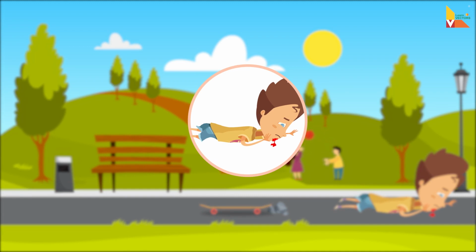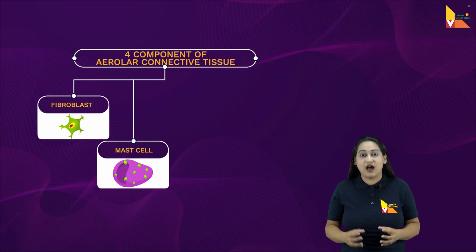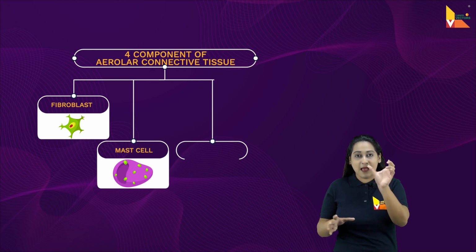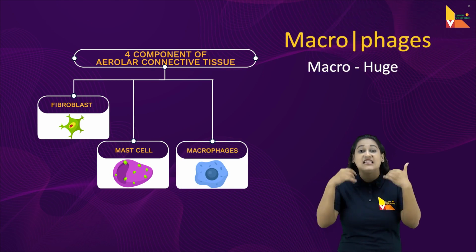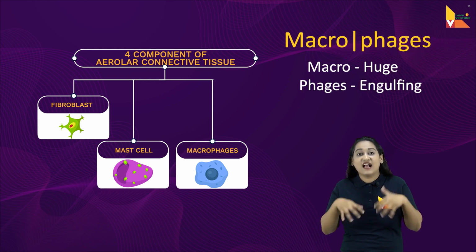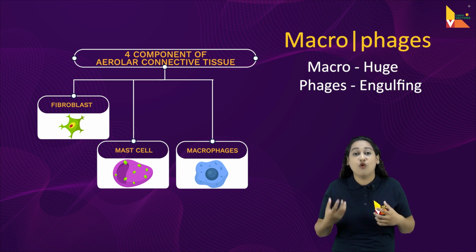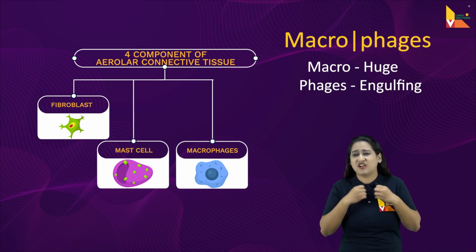The third component of the areolar tissue are macrophages. Macro means huge, phages means engulfing. So these are cells which engulf. Engulf what? The antigenic cells or self cells which are ruptured.